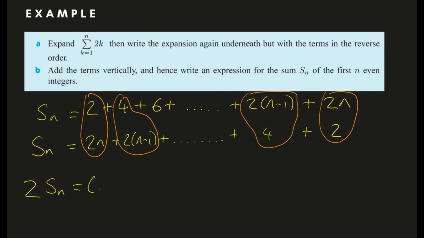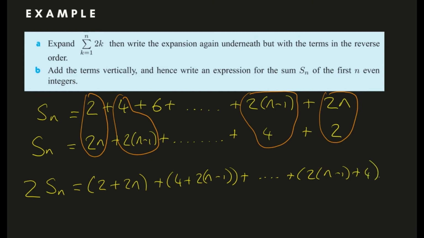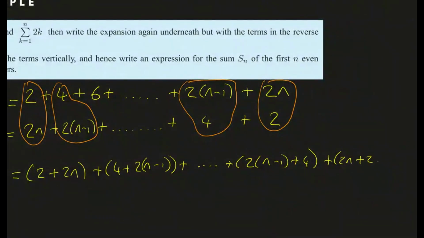And if we pair them up, we'll have 2 plus 2n, plus 4 plus 2n minus 1... plus 2n minus 1 plus 4, plus 2n plus 2.